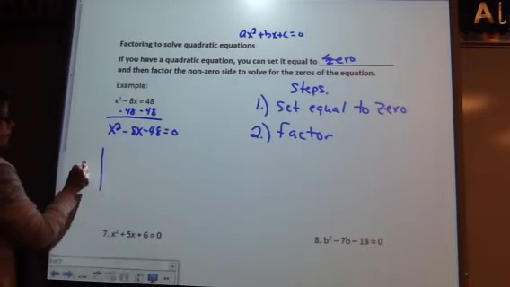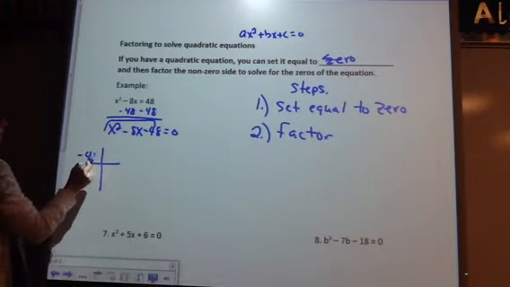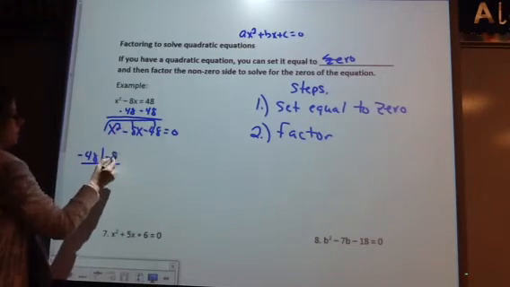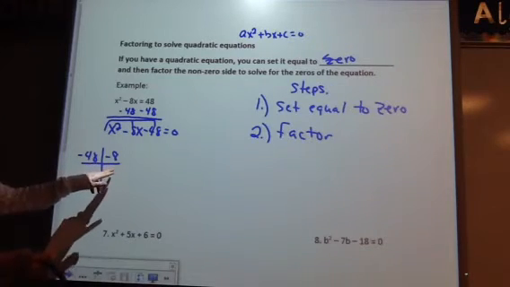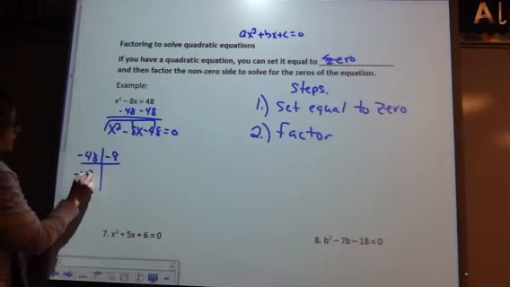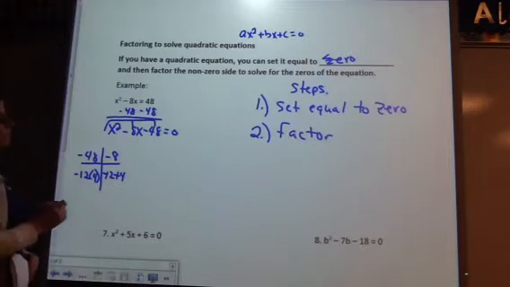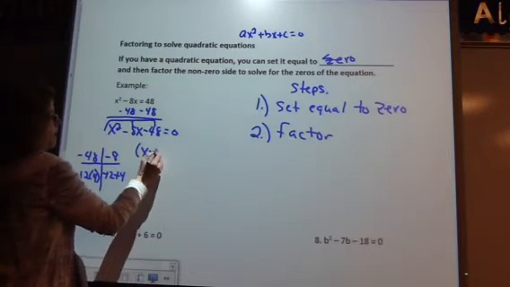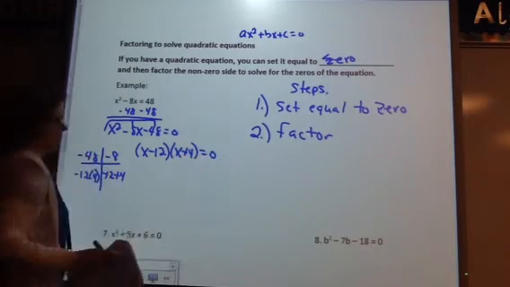We don't have anything, so let's do our T-chart. 1 times negative 48 is negative 48. So what factors have a product equal to negative 48 and a sum equal to negative 8? It's going to be negative 12 and positive 4. Okay, so I have x minus 12, x plus 4 equal to 0.